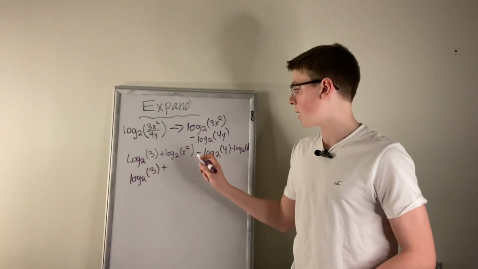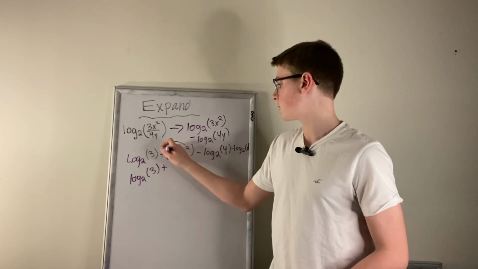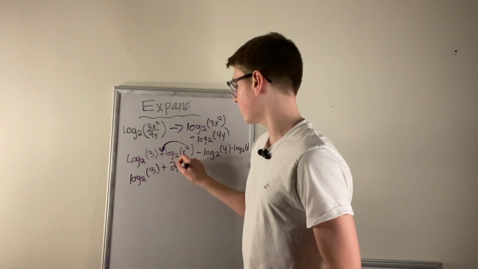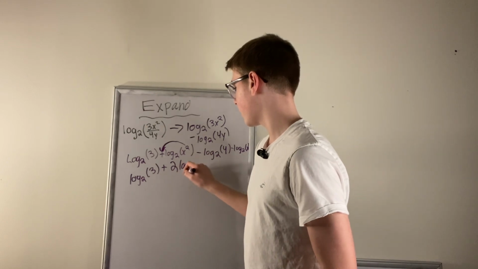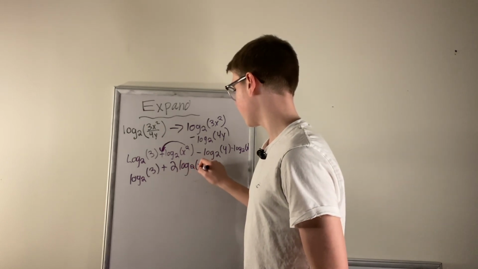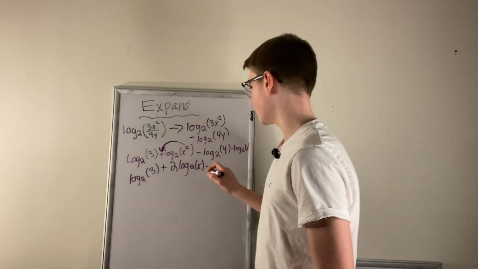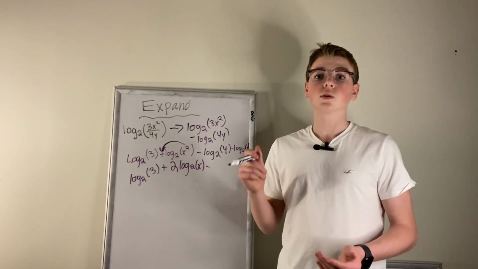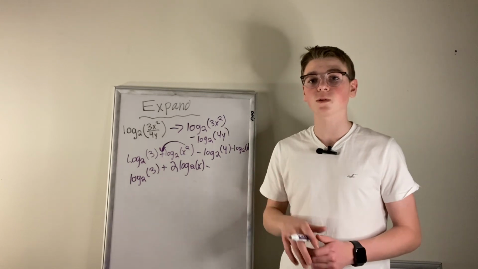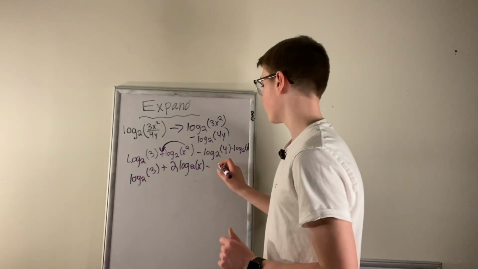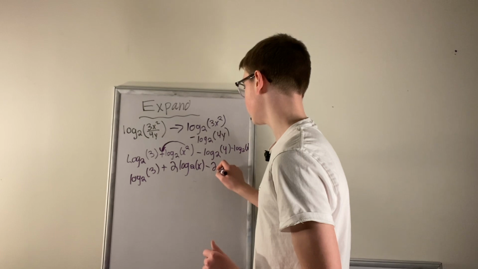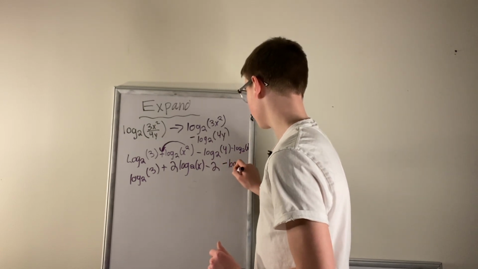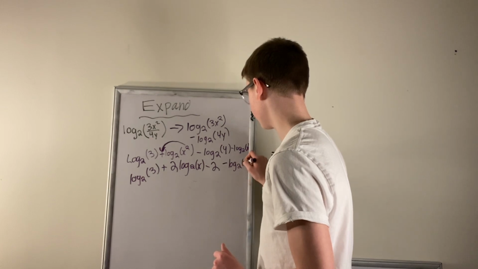We use the power property and we move this 2 to the front, plus 2 log base 2 of x minus, what's log base 2 of 4? 2 to what power equals 4? 2 to the second power equals 4, so 2 squared equals 4. So minus 2 minus log base 2 of y.